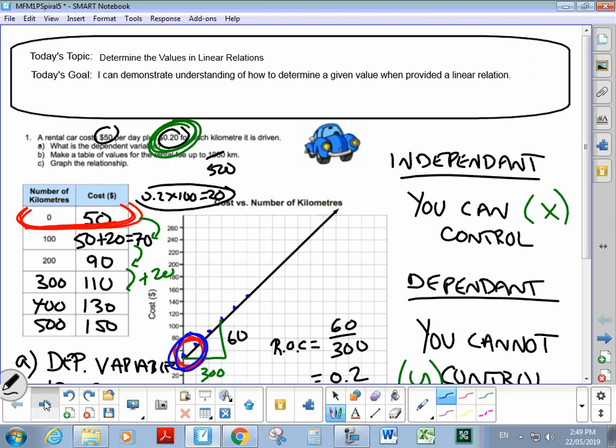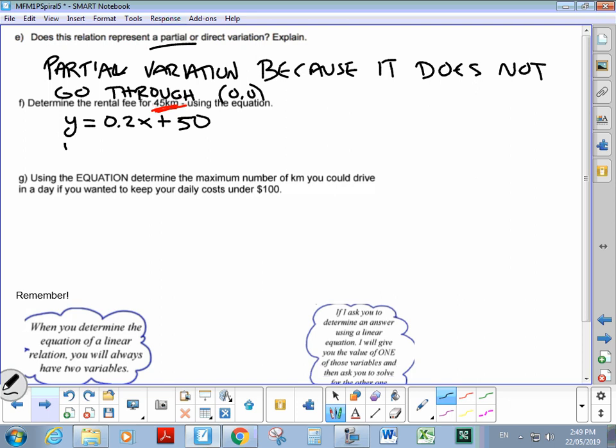So the x value will be kilometers. So y equals 0.2 times 45 plus 50. I can punch that into my calculator, and we get $59.